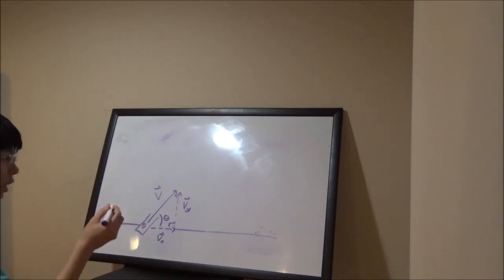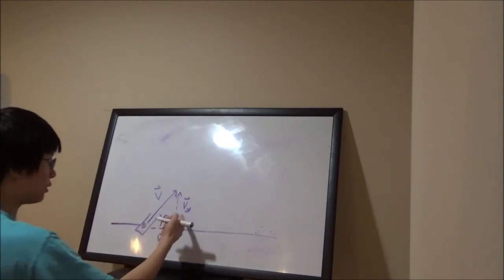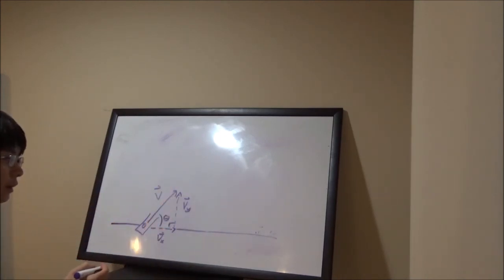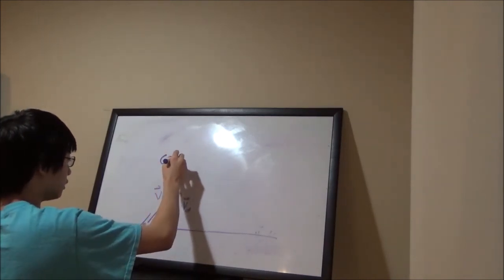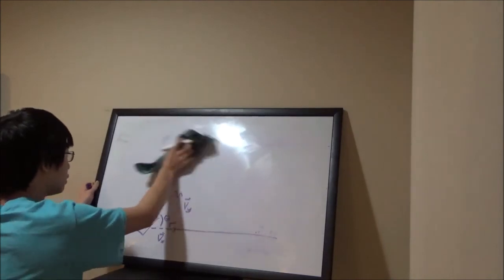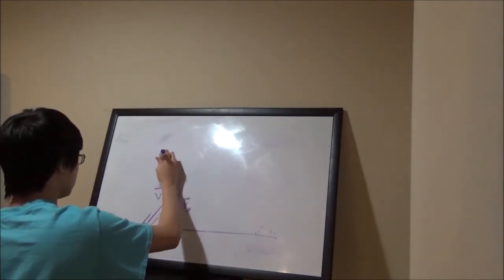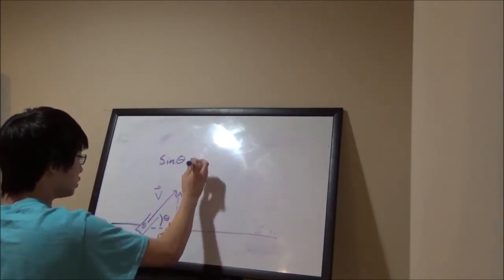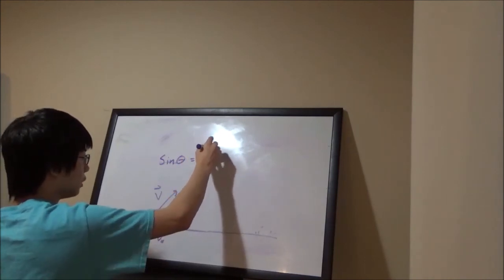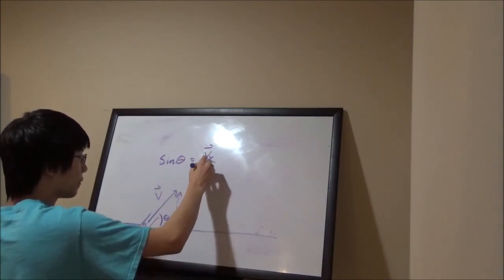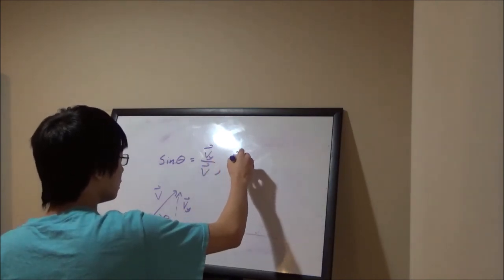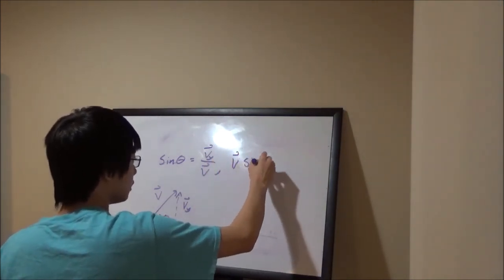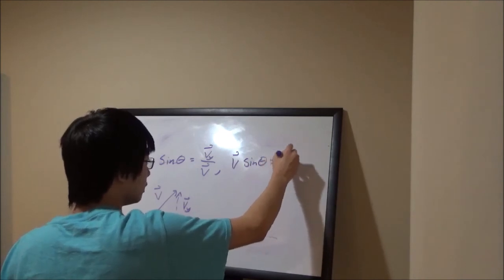So, our initial velocity in the y direction is Vy. If we remember our trigonometry, we know that sine theta is equal to opposite, so that's Vy, over adjacent, so that's V. If I do some rearranging, I get that V times sine theta is equal to Vy.